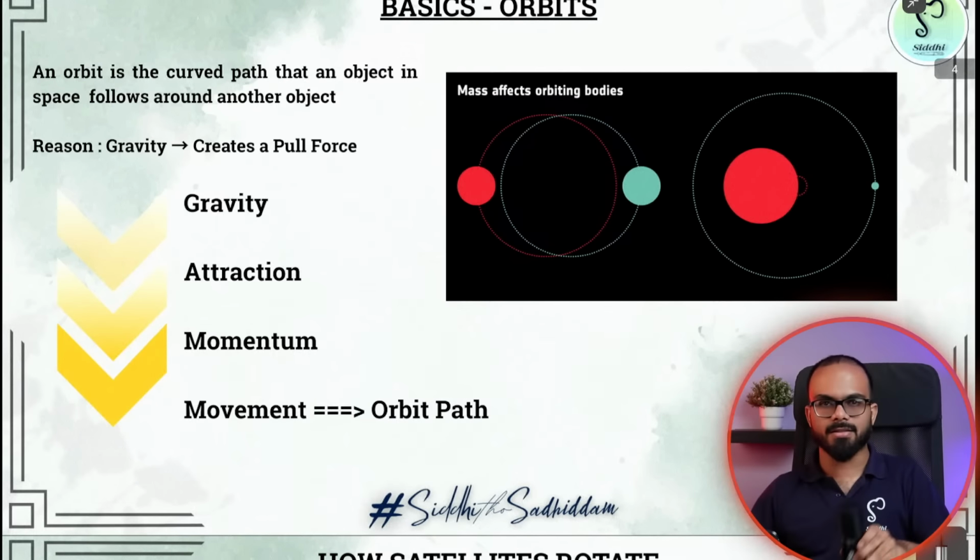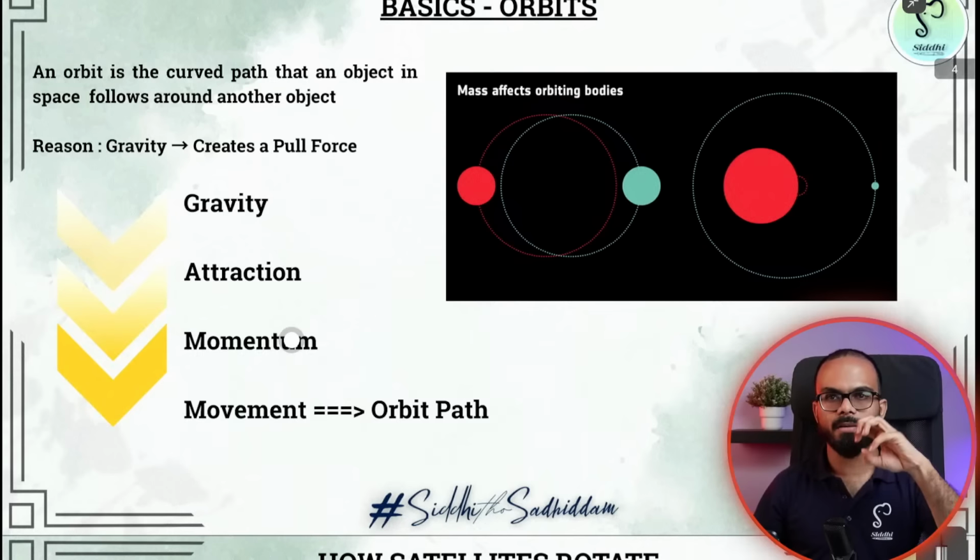For instance, this is my sun, and a body is revolving around the sun in a particular path. Let's say this is a second body. It might rotate like this from north to south. This is rotating like this. There is something else which is rotating like this. So any body will rotate in a particular path.